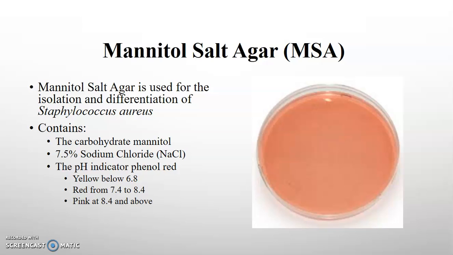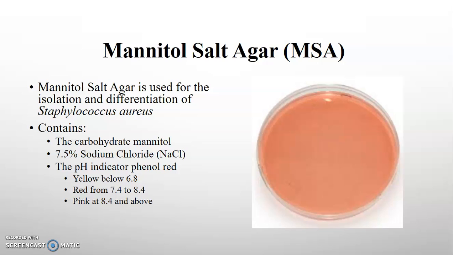The pH indicator, phenol red, will actually cause the plate to change colors depending on how the pH changes in the plate. So basically, the plate is kind of this reddish color right now, but if the pH would go down and become more acidic, the plate would turn bright yellow.